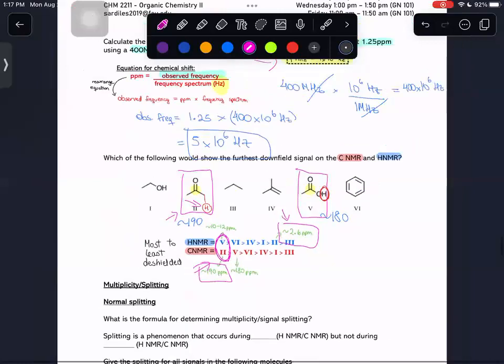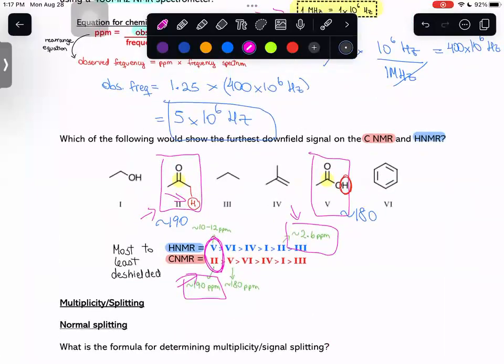Any other questions on this one? Start focusing more on how to read the spectra, because you're not going to get a question like that on the exam. It's too simple for him to give you that.